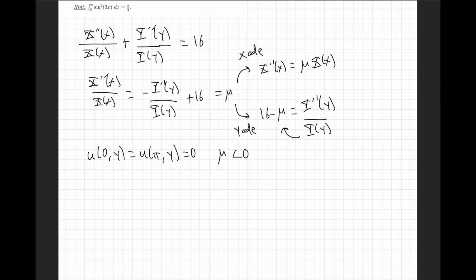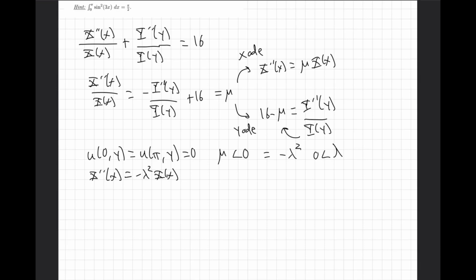So let's say that mu is equal to some negative lambda squared for some lambda greater than 0, and this gives us the general solution to the ODE. We have X double prime of x is equal to negative lambda squared X of x. And this is something that was learned very well in ordinary differential equations.